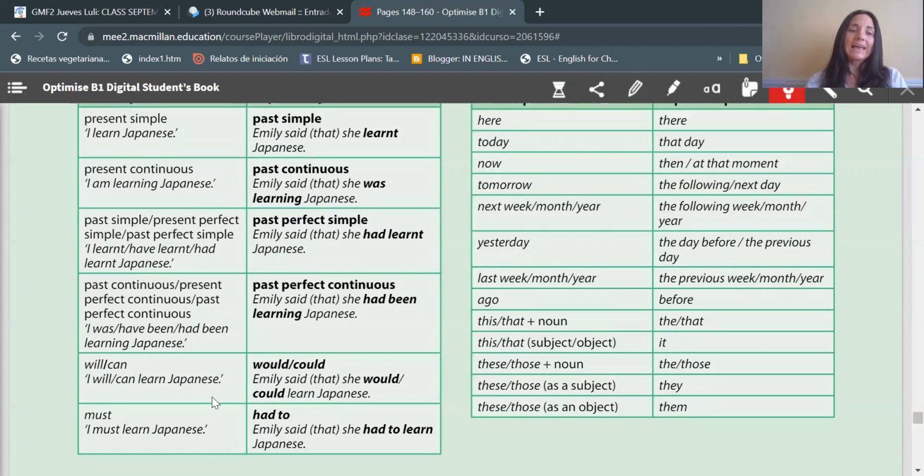And if you have, I can learn Japanese, this would be, Emily said that she could learn Japanese. Clear? Now, if in direct speech we have the modal verb must, the past of must is have to, yes? So if it's, I must learn Japanese, in the reported speech is going to be, Emily said that she had to learn Japanese.